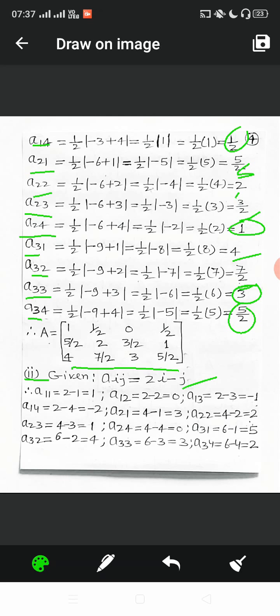Similarly, elements a12 equal to 0, a13 equal to minus 1, a14 equal to minus 2, a21 equal to 3, a22 equal to 2, a23 equal to 1, a24 equal to 0, a31 equal to 5, a32 equal to 4, a33 equal to 3, a34 equal to 2.